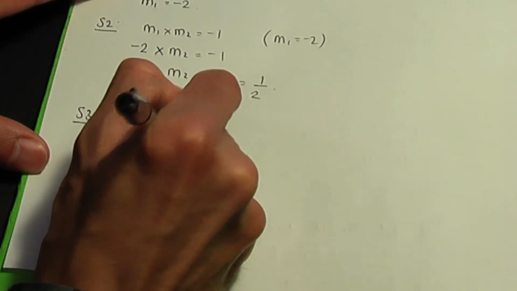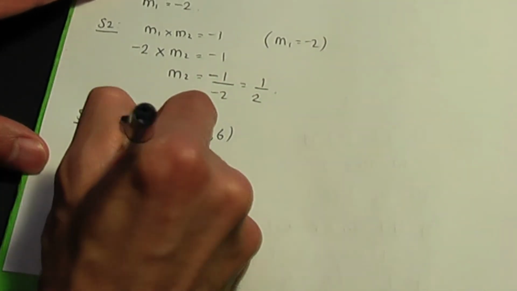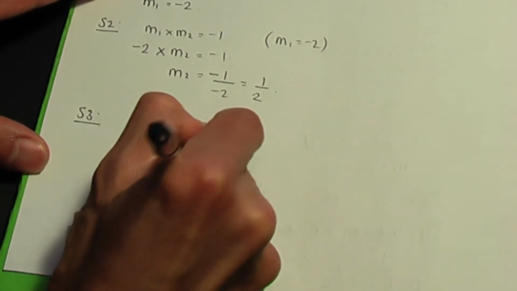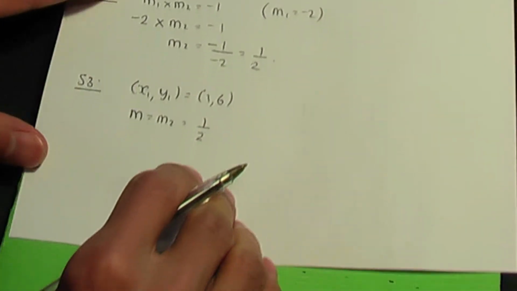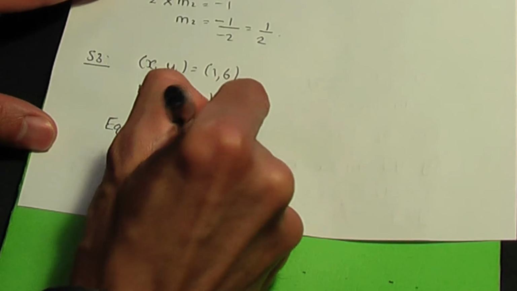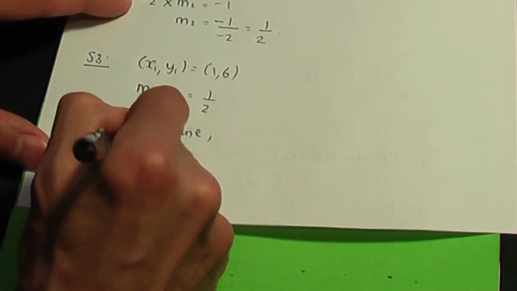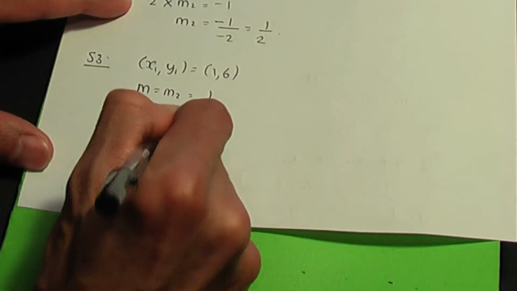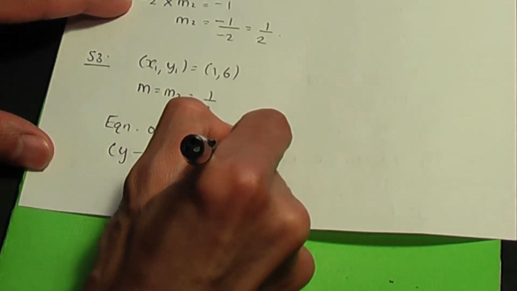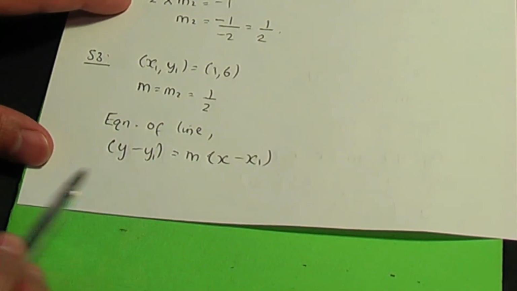So our x1, y1 is 1 and 6. m is the value of m2 being half. So remember the formula to work out the equation of the line given m and given the passing point. It's y minus y1 equals m, open a bracket, x minus x1.